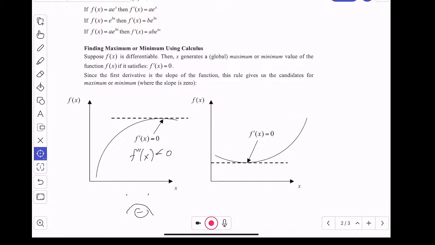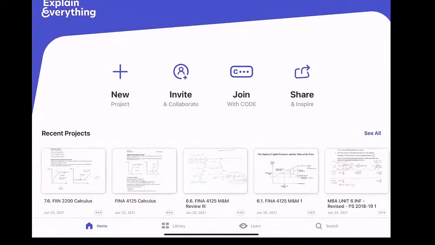You get a minimum if the second derivative is greater than 0, which gives you a smiley face, positive if it's a minimum. Okay, so you check the second derivative, that's the rule, and I'll resend this document for your record.